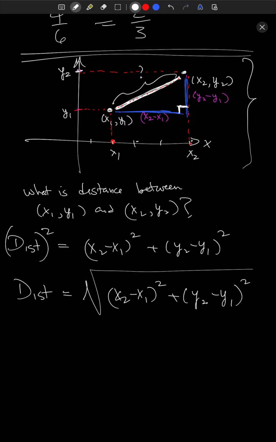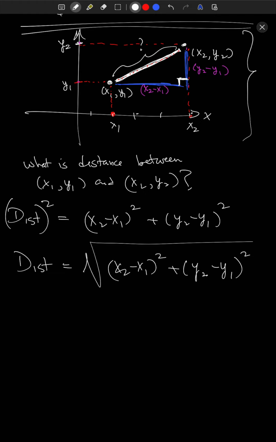So a few notes about this distance formula. Notice that this thing is a plus as opposed to a minus, whereas these two guys are minuses, right? If you're memorizing this, it's very easy to misremember which ones are pluses and which are minuses.